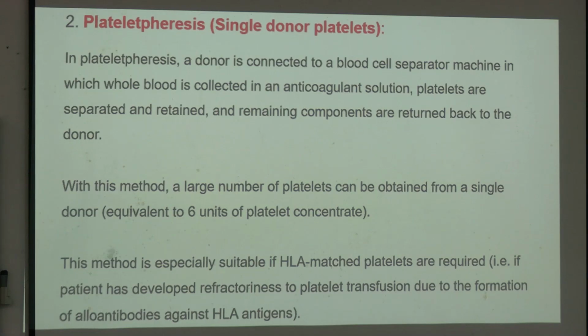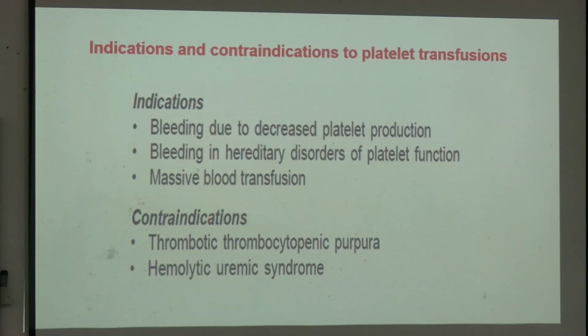With this method we can obtain a large number of platelets, and this is especially suitable when HLA matched platelets are required. When HLA compatible platelets are required, we use the technique of platelet pheresis.